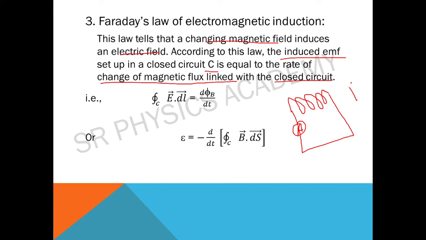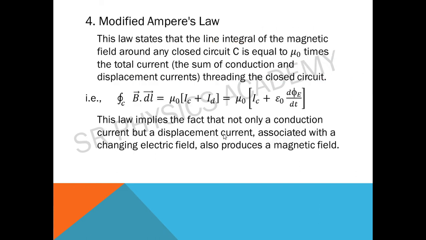If a magnet is moved around, which signifies the change in magnetic field, then we can notice a deflection in the ammeter, which confirms the induction of an electric field. Therefore, it means that the integral of E dot dl will be equal to minus d phi B by dt, or EMF will be equal to minus d by dt of integral B dot ds.